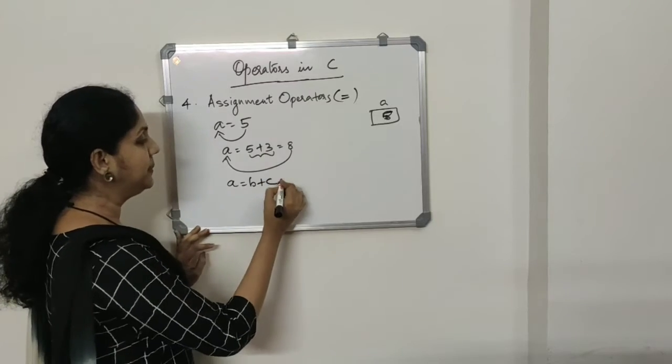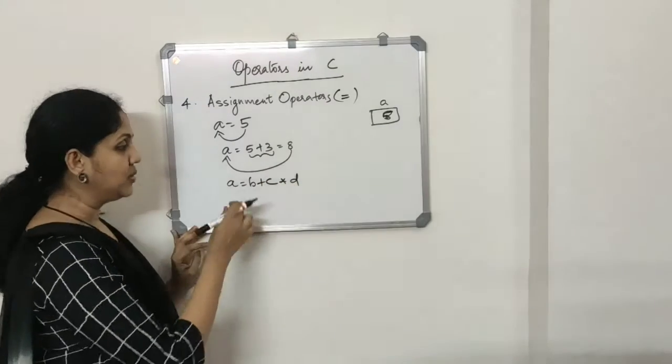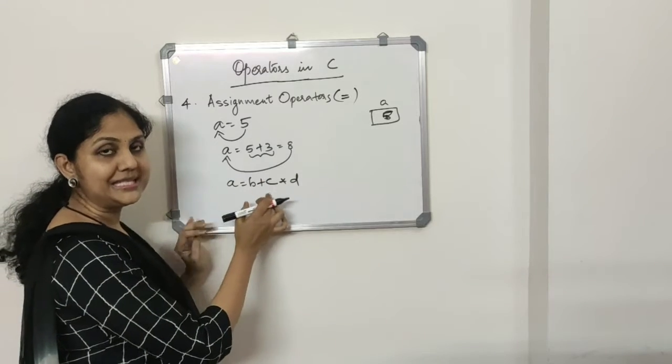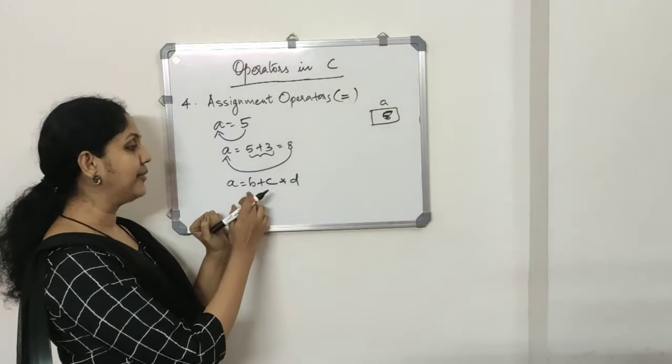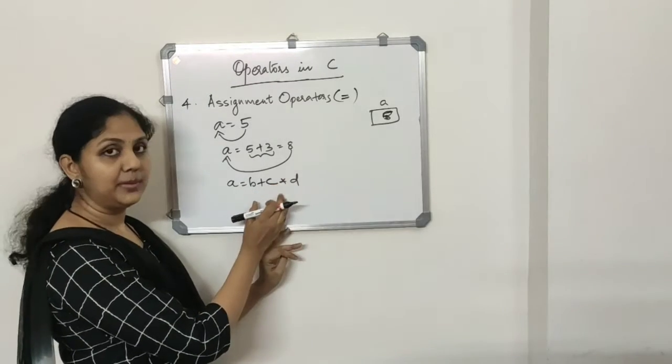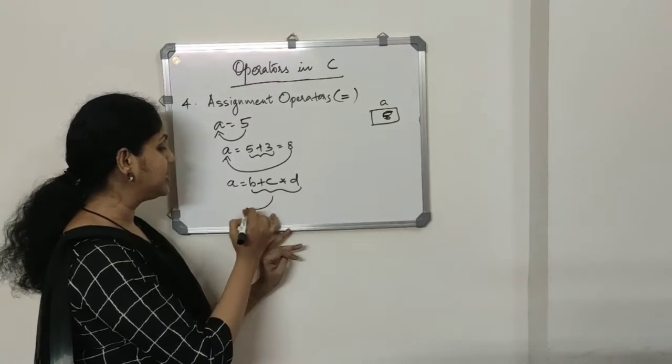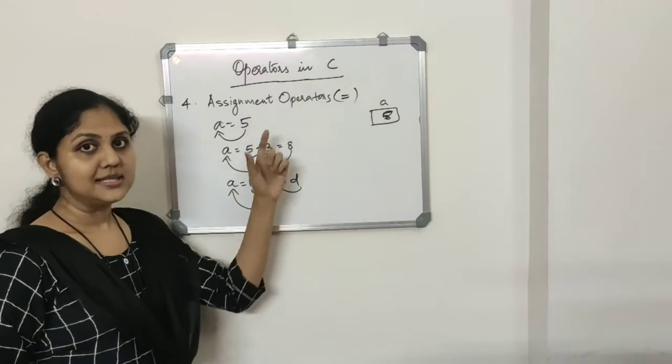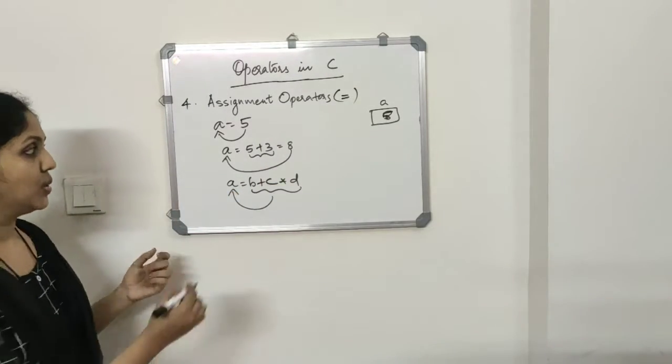A equal to B plus C into D: whatever values are assigned to B, C and D will be taken, the result of the expression will be found, and the value will be stored inside A. This is how the assignment operation works.